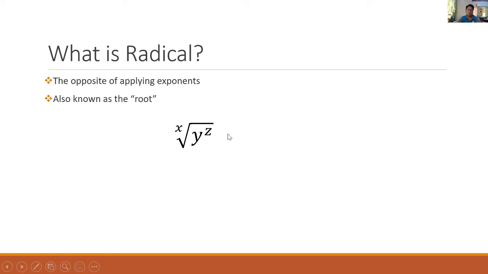And if we will be discussing radicals, we have to identify yung parts po natin. So, we have here now x, we have here now the check mark, we have here now y, we have here now a z. So, what are those things? First, this one, yung x natin, this is called the index. So index, ito yung sinasabi natin kung gaano yung root, pang ilang root yung kinukuha natin or hinahanap natin. Okay?